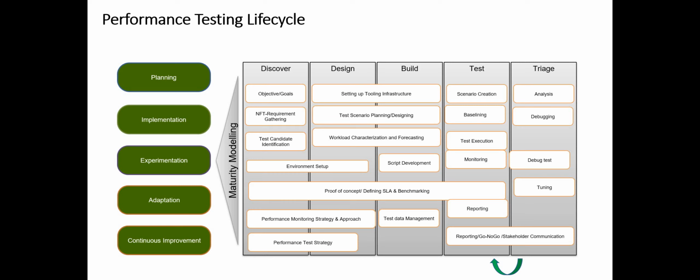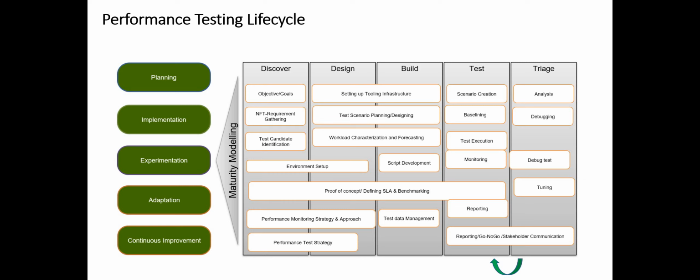We need to understand from the stakeholders, or the product owner, or the person who is funding this project, what exactly they want to do as part of this performance testing. There are a few projects who just want to do the regular release regression test, and there are a few projects who want to know how far the application is capable of scaling up, in terms of stability, in terms of reliability.